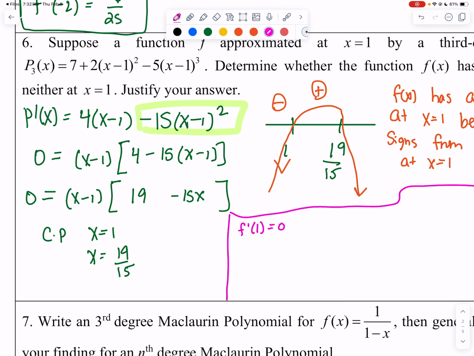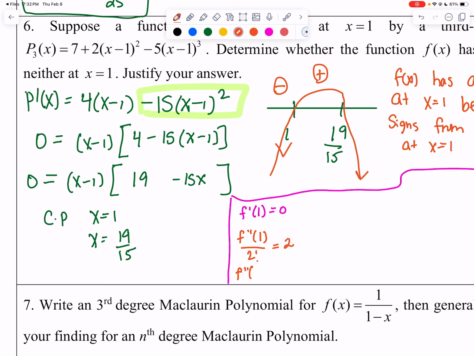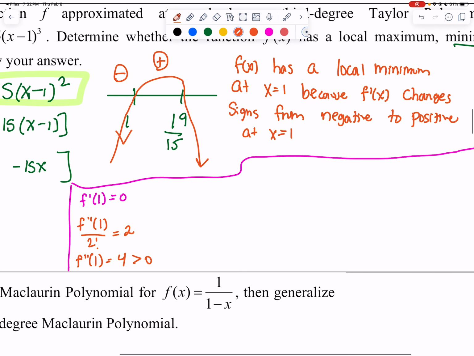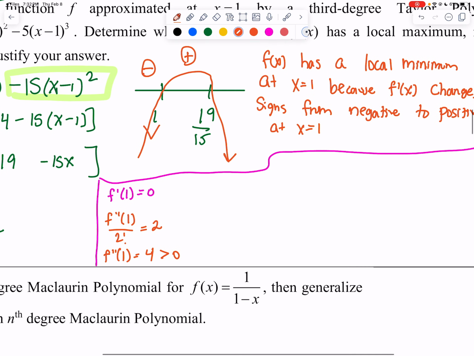So now I'm going to have, let's see, my second derivative over 2 factorial, and my coefficient is 2. To find my second derivative, I'm going to multiply by 2 factorial, aka 2. That's going to give me 4. All right, 4 is greater than 0. So this means that our function is going to concave up at x is equal to 1, which means I have a relative minimum.